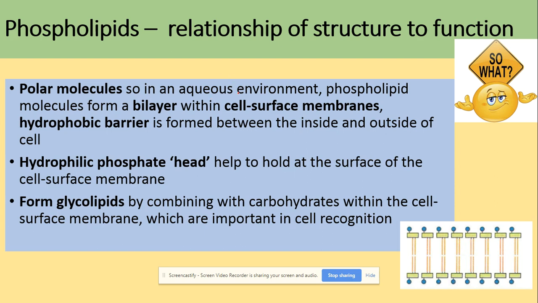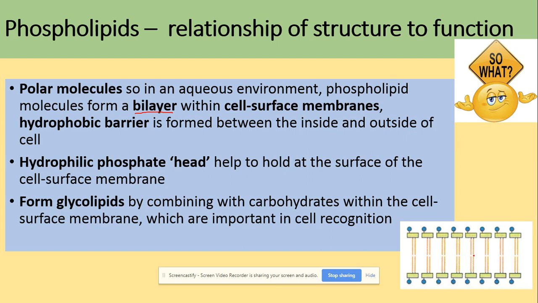So in a watery environment, phospholipid molecules will form a bilayer in the cell surface membrane. The cell surface membrane of each cell is made of phospholipids in such a manner that the phosphate heads are on the outside and the fatty acids are inside.